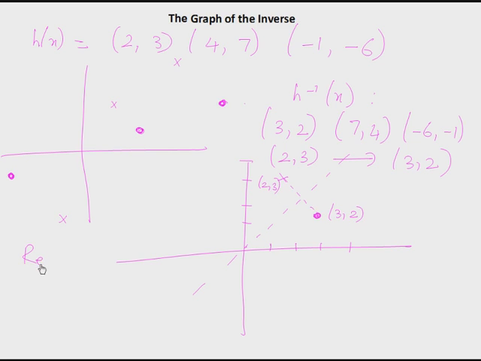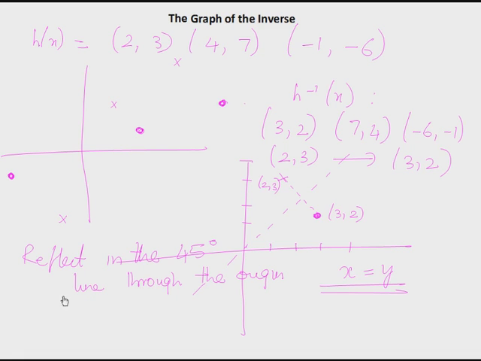So I reflect in the 45-degree line passing through the origin. Why does this work? Because this line actually has equation x equal to y. So I'm reflecting in the line x equal to y. So every coordinate gets flipped.